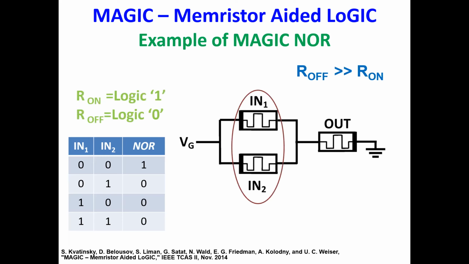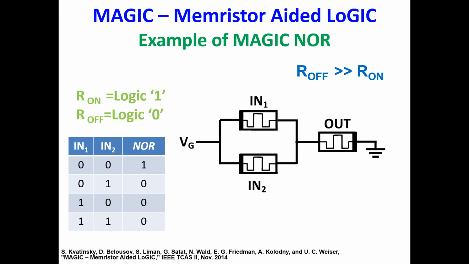So that's the inputs, and the output is the third memristor, which is its final resistance. The resistance at the end of the computation is the result, and again, if it's in high resistance, we say that the result is 0. If it's in low resistance, we say that the result is 1.